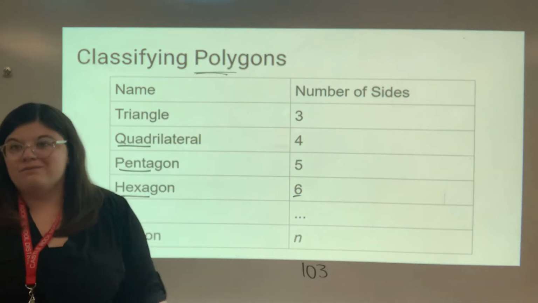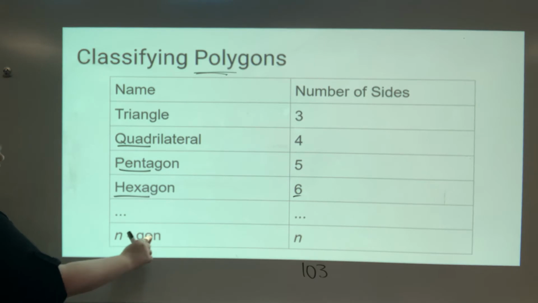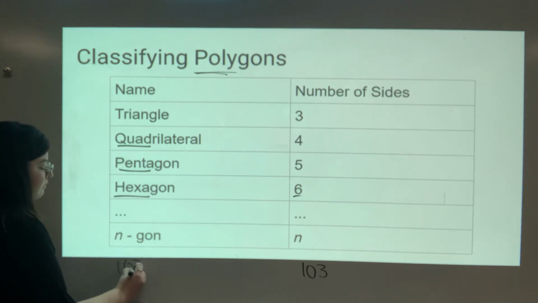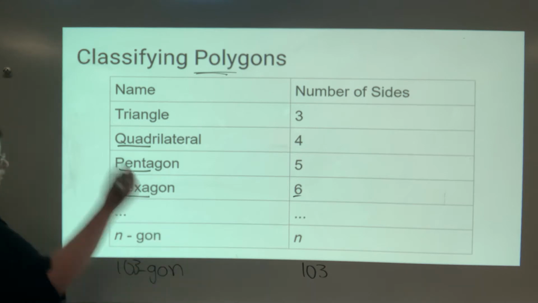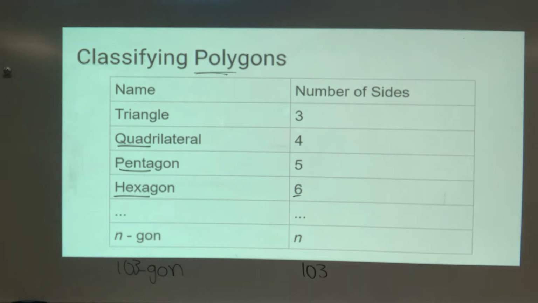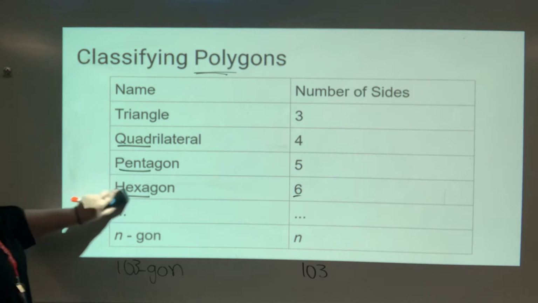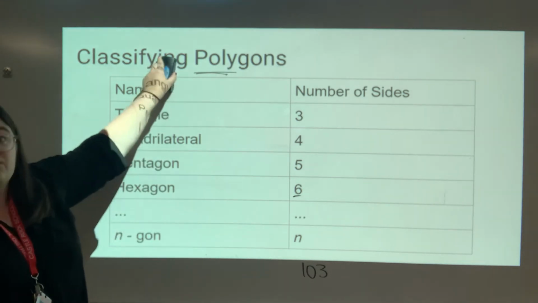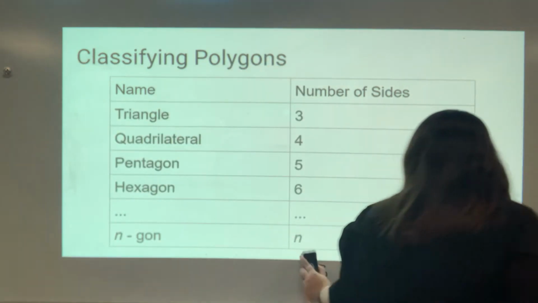So, n-gon, if you have n sides: 103-gon, 42-gon, 51-gon, you get the idea. Fantastic. We're moving on. But I would get some of these basic ones down if you need, so pause if you need to, we're moving on.